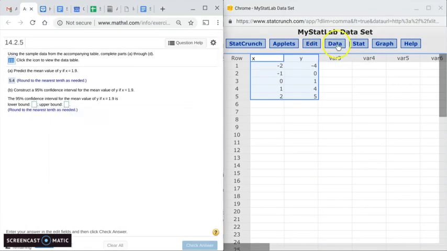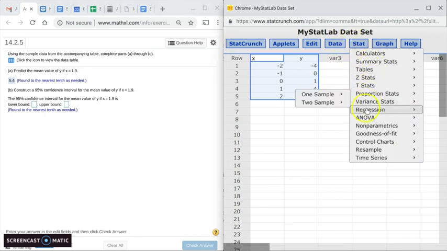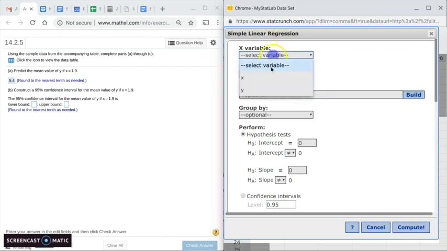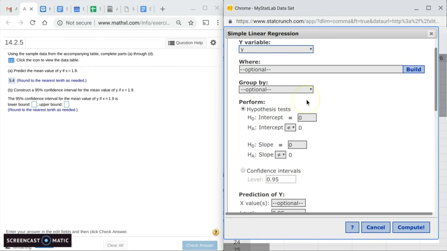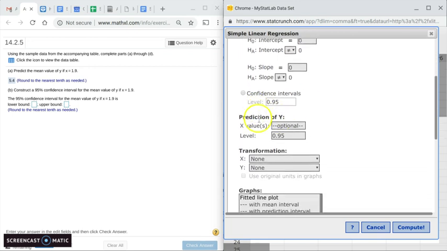And I'm going to do the regression analysis. So just go Stat, Regression, Simple Linear. Okay, x's are in x, y's are in y. Okay, now here's what I'm looking for, prediction of y. So I'm interested when x is 1.9, and I want confidence at a 95% level. Okay.